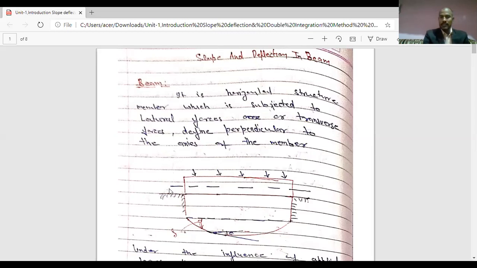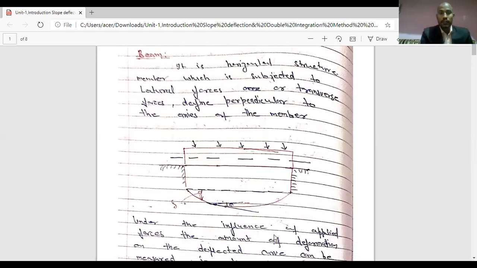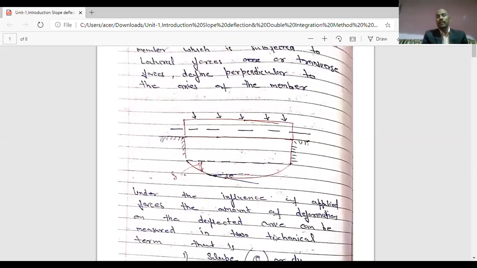This is an example of a beam, that is the x-axis, and here we put any load which is perpendicular to the x-axis. So we can say this type of structure is a beam, right?